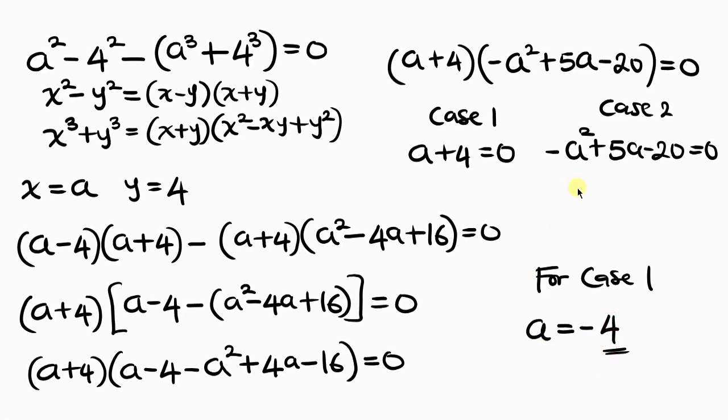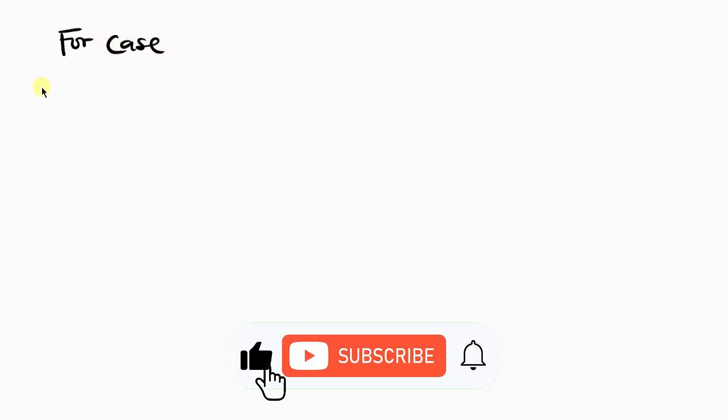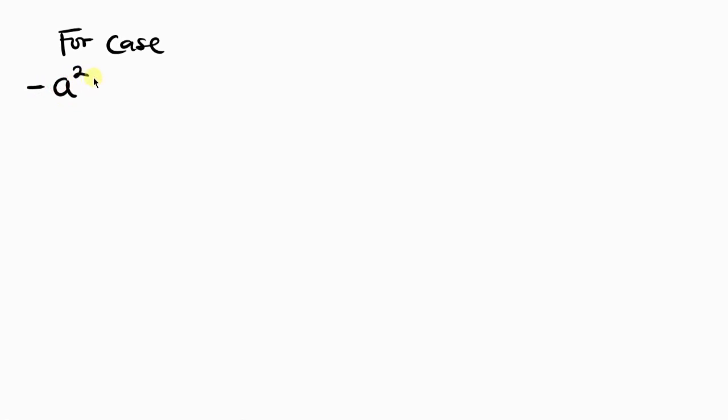Now let's get to the other values of a by going to case 2. For case 2, remember we have negative a squared plus 5a minus 20 equal to 0. Now I want to get rid of this negative by multiplying through by negative 1.